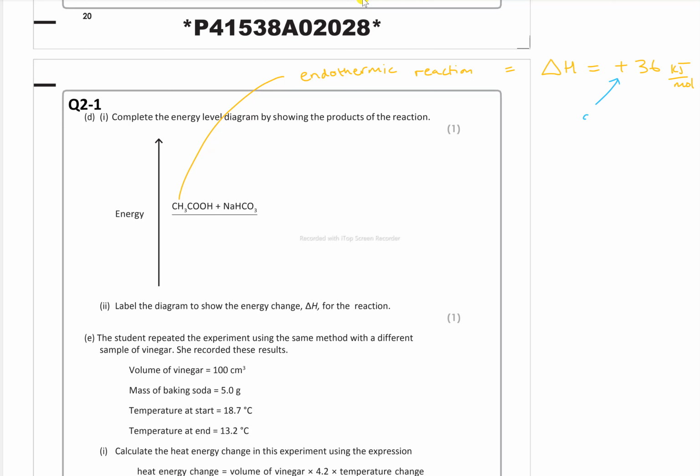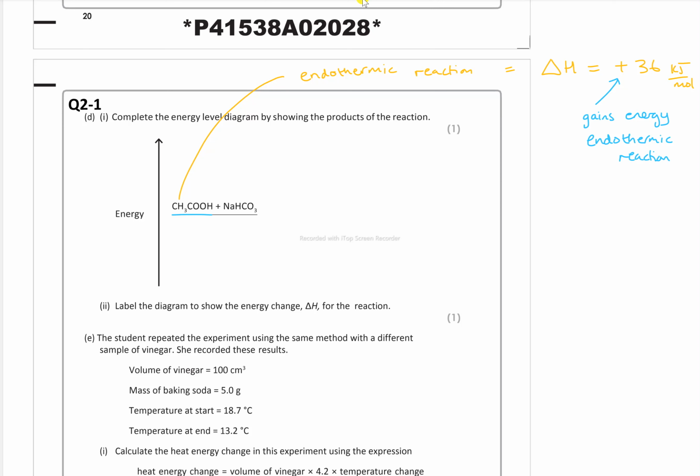That tells me it gains energy from the surroundings. That's what makes it an endothermic reaction. So remember that, endothermic reaction.